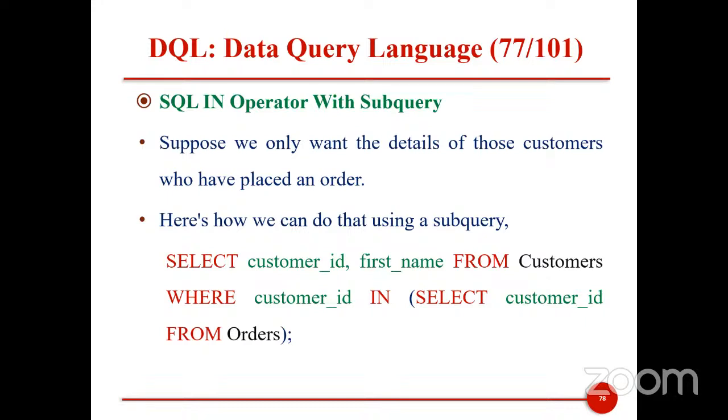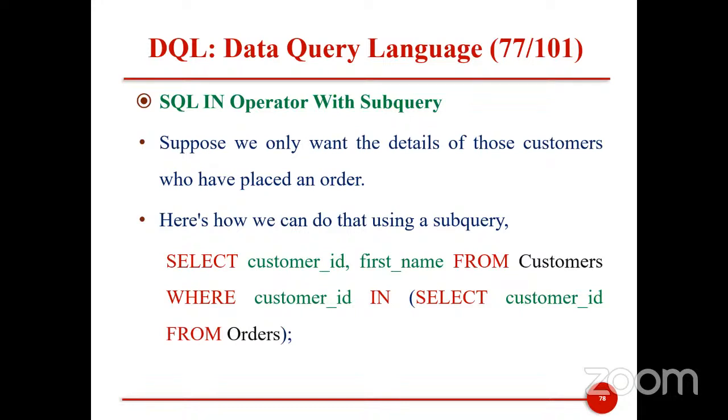For example, we want to display the customer ID and the first name from the table customers, where their IDs are those IDs which you find in the table called orders. Is it clear? You want only to display the records of all those customers whose IDs you find in this table called orders.